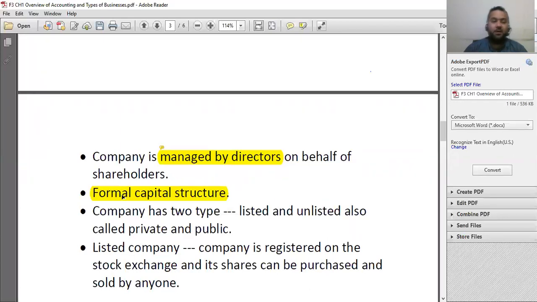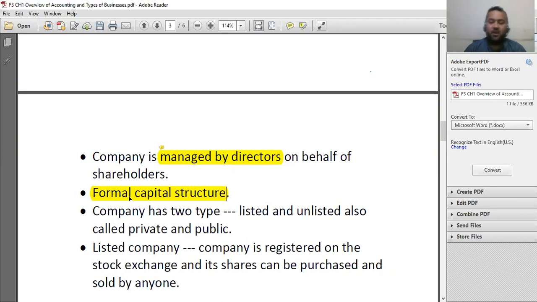It means it is not like everyone is coming and investing in the company, and everyone is coming to the office and taking money back. Clear? Or using the resources for their personal, private purposes. So they will have a formal capital structure. Who will be the owner? It will be clear through the articles of association or memorandum of association the company will have.